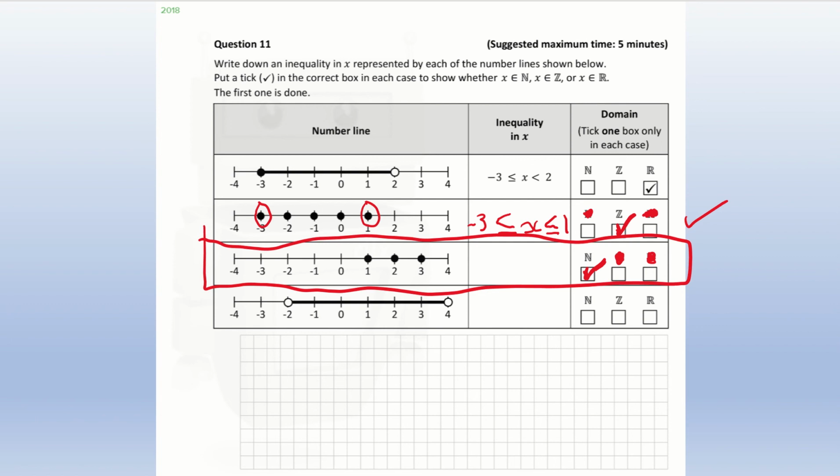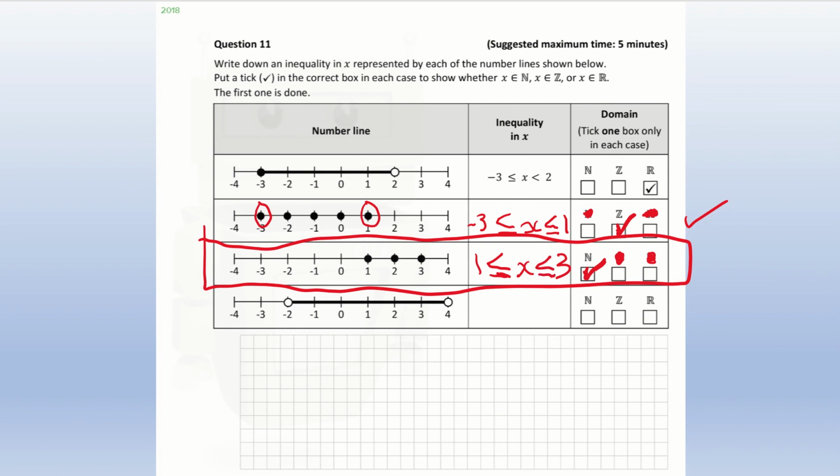We know that it's in between 1 and 3. We know that 1 and 3 are included. So we need to write down, well, 1 is less than or equal to x, and x is less than or equal to 3.